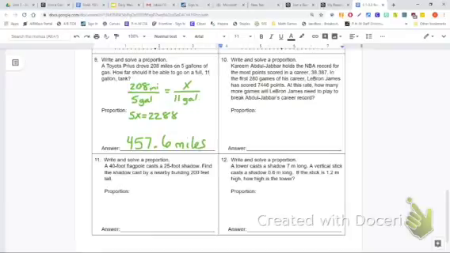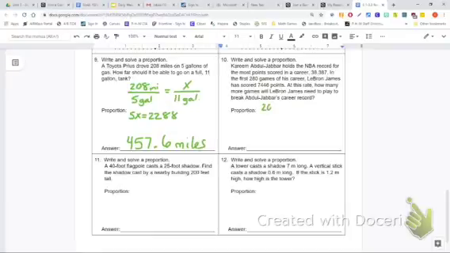Okay, now number 10. This one's a little bit confusing. So it says Kareem Abdul-Jabbar holds the NBA record for the most points scored in a career, 38,387. Done. That's the last bit of information about him. In the first 208 games of his career, LeBron James scored 7,446 points.